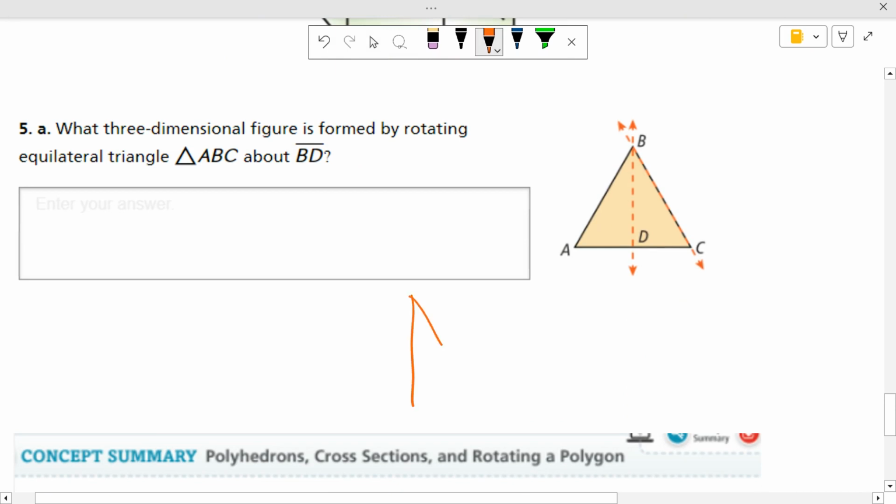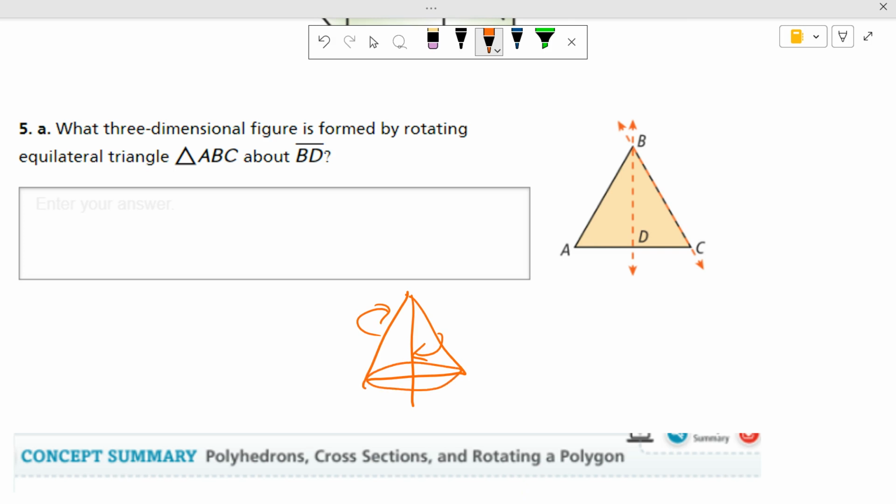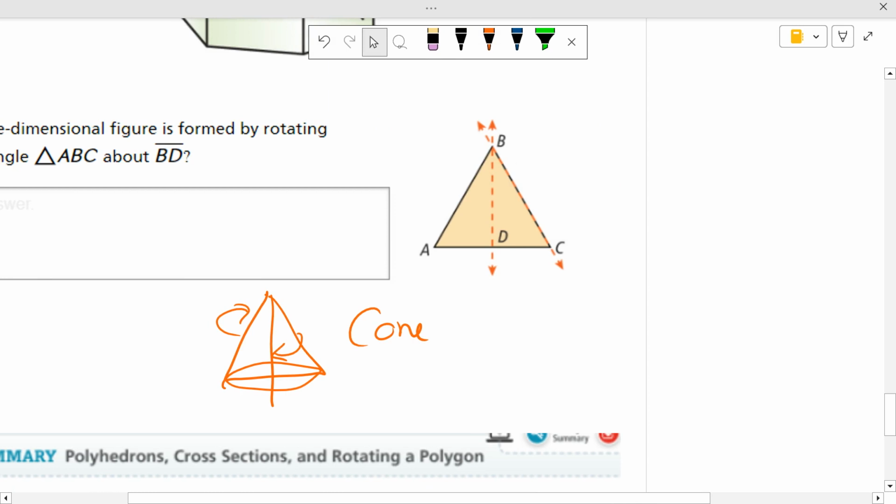Okay? All right, the last thing, wrapping. If we take this and wrap it around in a circle, then this becomes this, and it becomes a, what shape? Cone. If we take, and then let me redraw this.